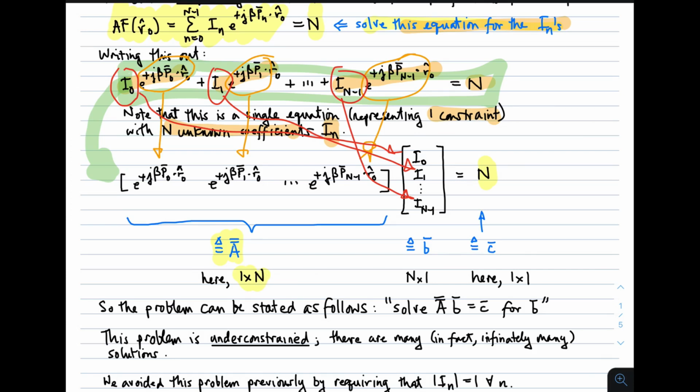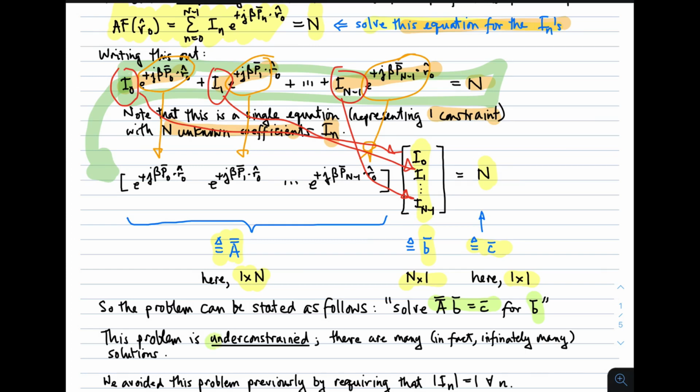But in general, we think of it as being a matrix. And similarly, we think of this thing as being a matrix, but in this case n by 1. And we'll call that B. And then the scalar at the end, well, that's also a matrix, just happens to be 1 by 1. We'll call that C. So the problem can now be stated as solve AB equals C for B, because B are the currents, and that's what we're looking for.